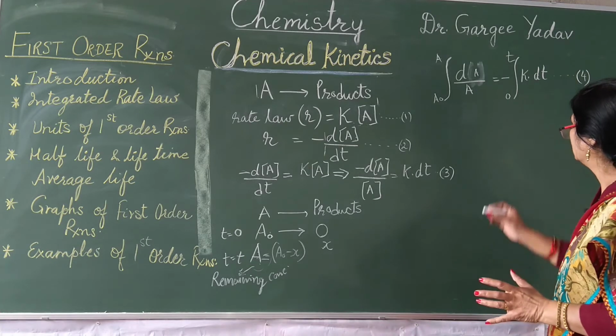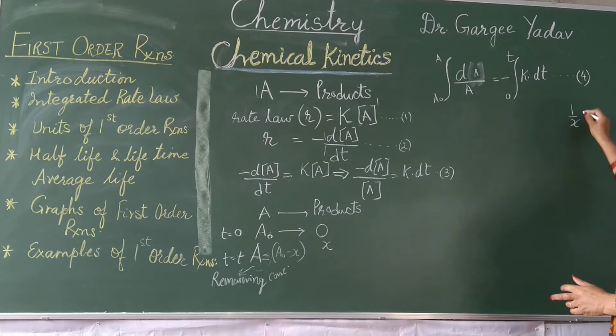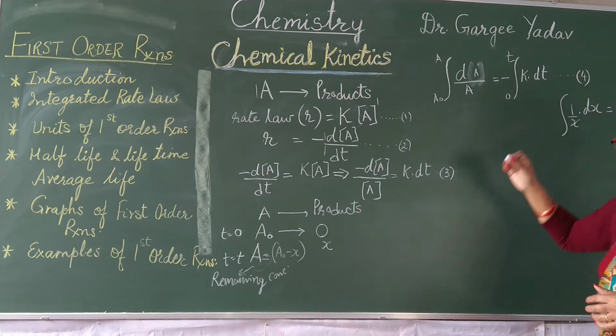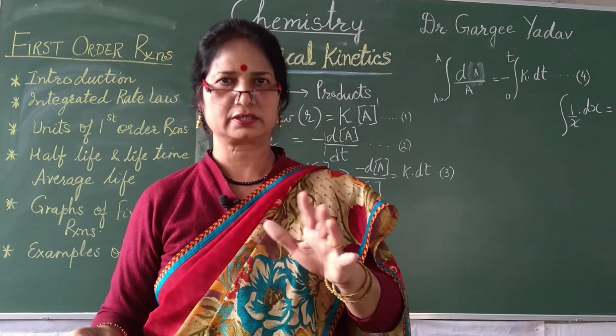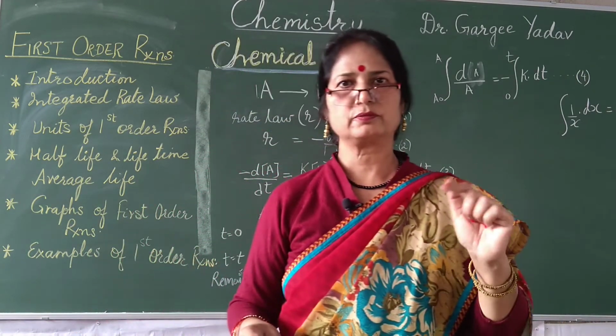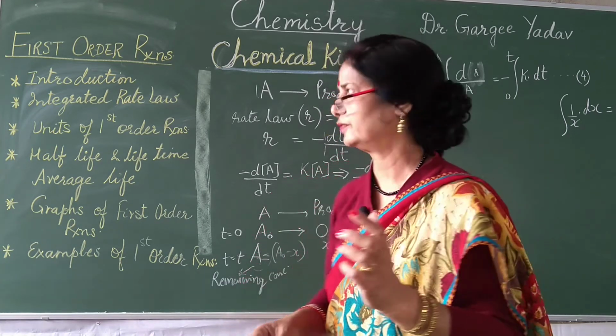As we all know, when we integrate 1 upon x dx, it is given by log natural x. And if we convert this log natural to log base 10, then we have to multiply it by 2.303. I will tell all this to you afterwards.